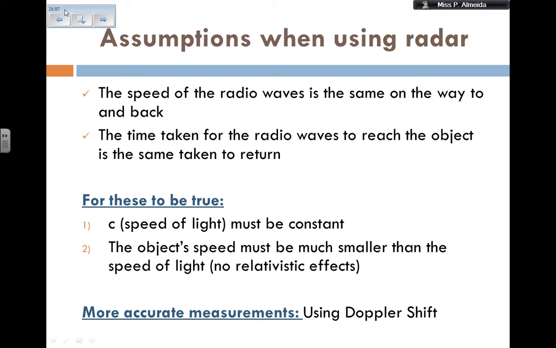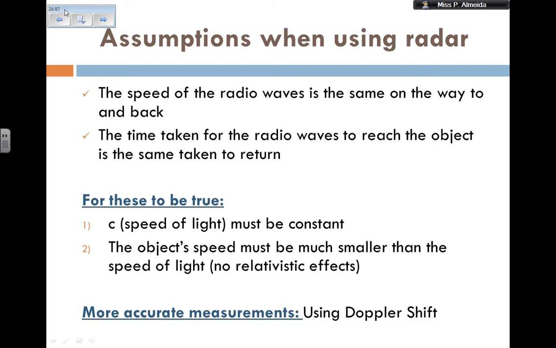And that the time taken for the radio waves to reach the object is the same as the time to return. Again, this is not going to be a big assumption. It's actually something that is happening, all right? For these two assumptions to be true, the speed of light must be constant, and the object speed must be much smaller than the speed of light.